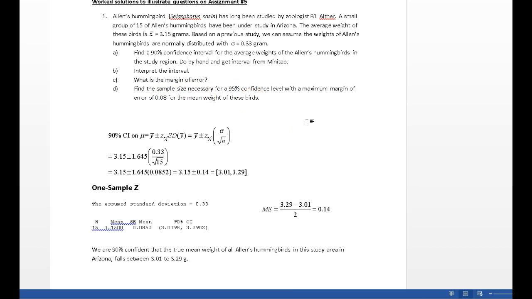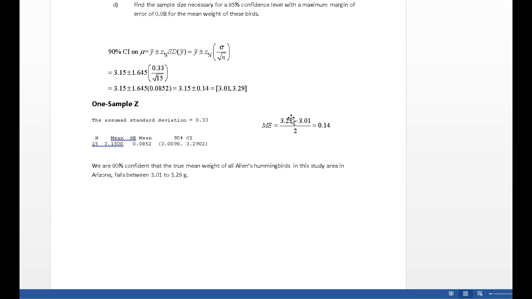We want to know N, so that we can estimate the true average weight of these Allen's hummingbirds. Not only do we want to estimate it, we want to be 95% confident in our estimate, and the margin of error, in other words half the length of the interval, can only be at a maximum 0.08.